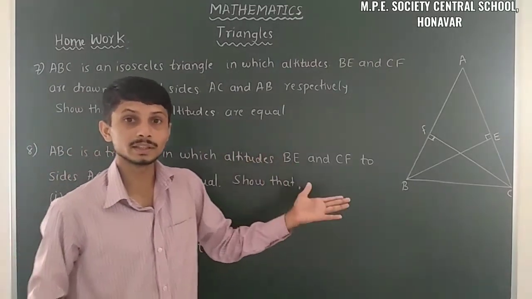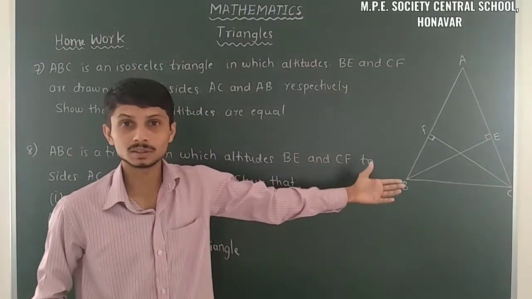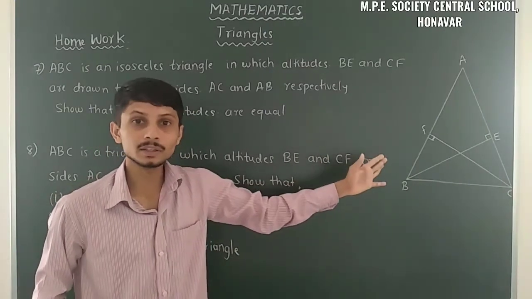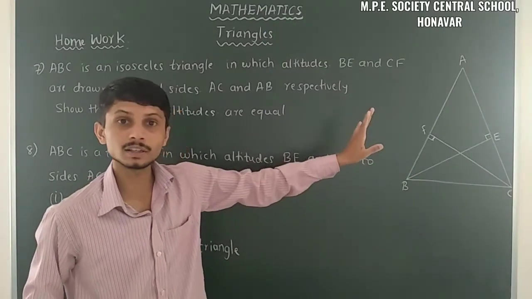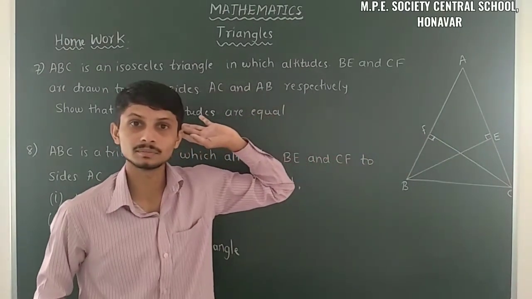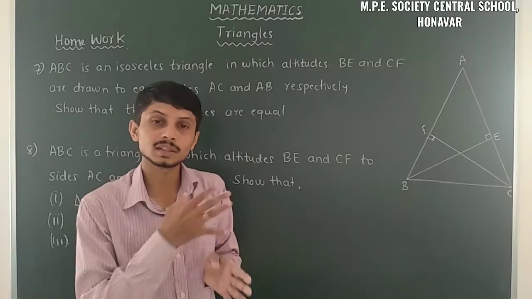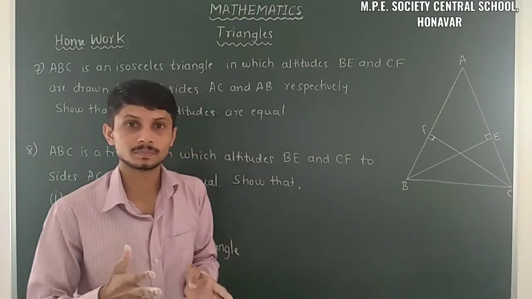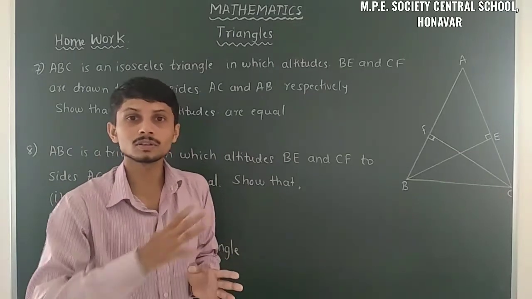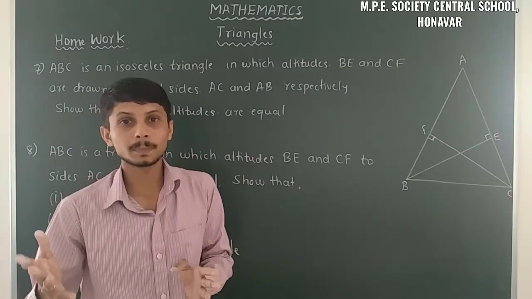We did similar problems earlier, but there was no case of altitudes. Here it is given that they are altitudes, which means this angle and this angle are 90 degrees only. So we can take that as corresponding parts as well. From those corresponding parts, you have to find the other two corresponding parts.